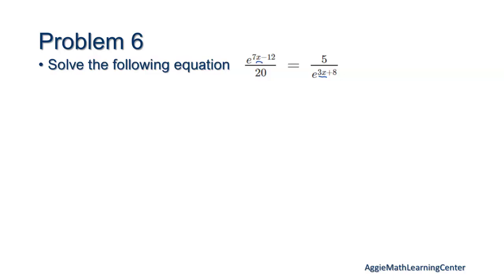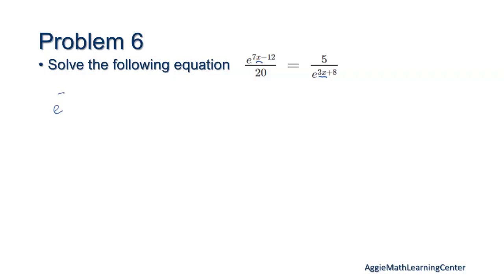So first of all, I don't have any domain restrictions because of this e to the 3x plus 8 in the denominator, because any variable in the exponent can't ultimately give me a negative value, or in this case, it can't give me a 0, which is what I would be worried about. So to start off, I'm just going to multiply both sides by e to the 3x plus 8.